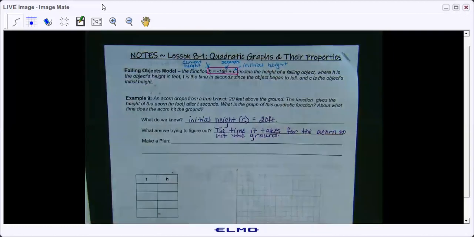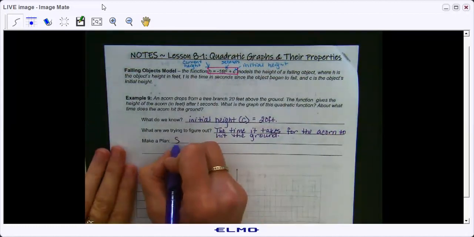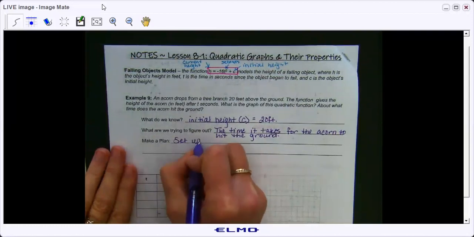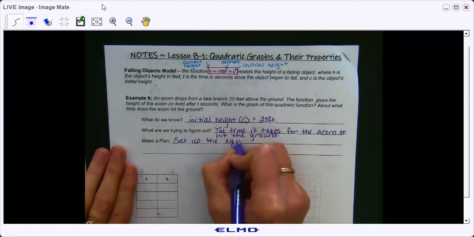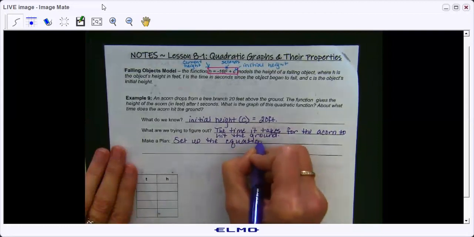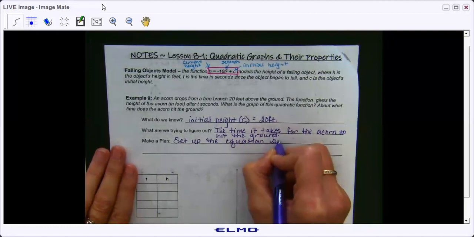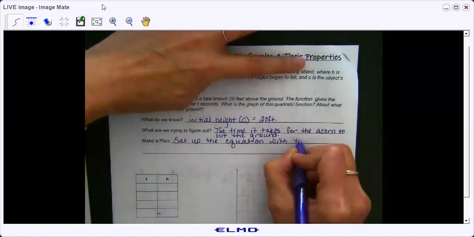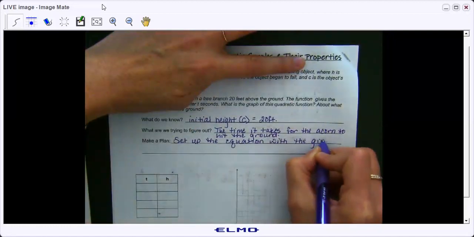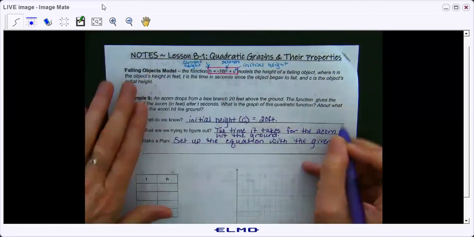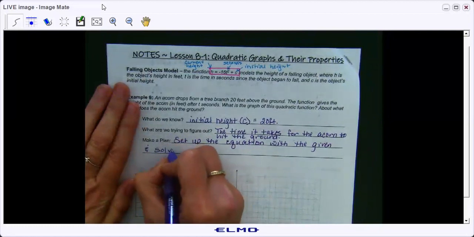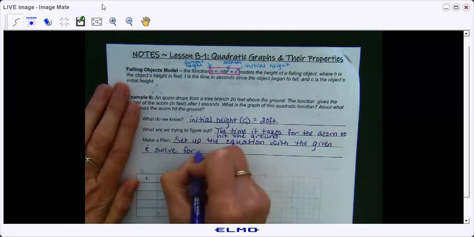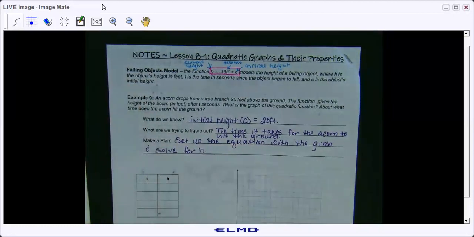Okay, and now we are going to make a plan. So we're going to set up the equation with our given and solve for h.